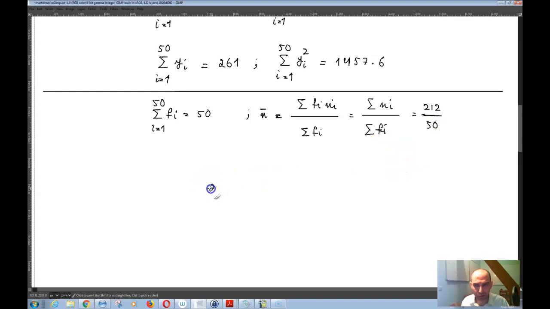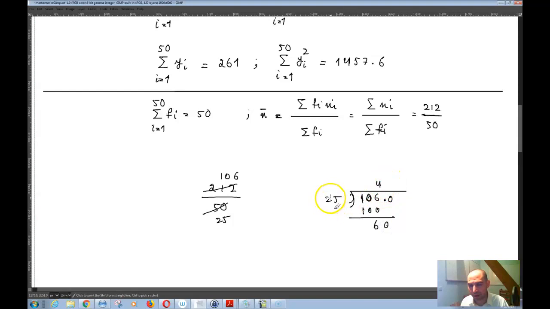So now 212 divided by 50: 4 times 50 is 200, and then over here you have 106. Now 106 divided by 25 is equal to, 4 times 25 is equal to 100. We have 6 remainder. And 3 times 25 is 75.